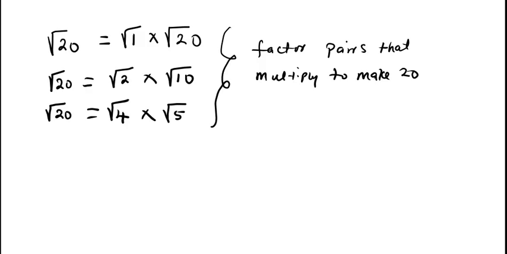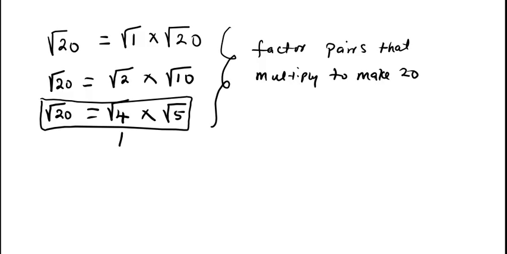Like for instance here, we are picking this. Yes, because here you can see that one of this pair is a square number, which is 4. 4 is a square number.